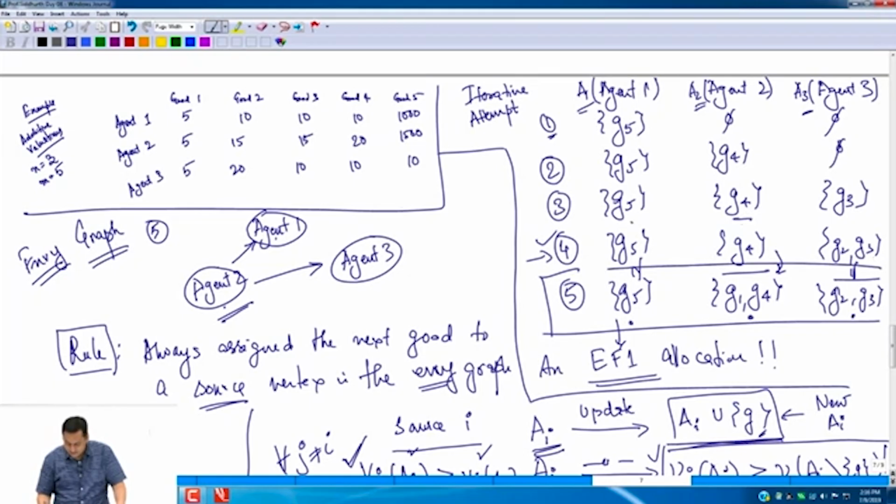A1 is this, A2 is G4, and A3 is G2 and G3. If I have a cycle, I could have shuffled these bundles across the agents to now get another partial allocation. In fact, in a partial allocation the subsets actually just remain as is, the owners changed. But in this new partial allocation, there was no cycle. Right. So, okay, how does acyclicity help me?